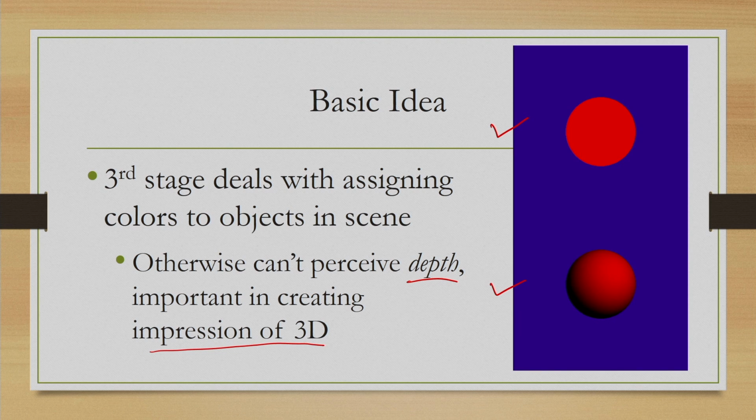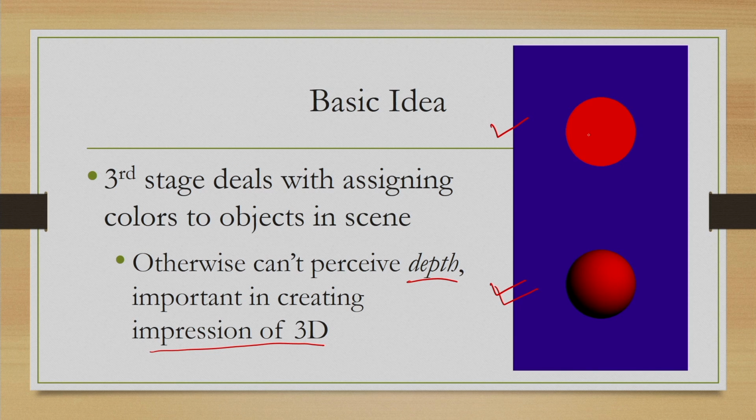This problem is not there in the lower figure here. In this case, as you can clearly see, by assigning color in a particular way, we managed to create an impression of a 3D object, which was not the case in the first image.